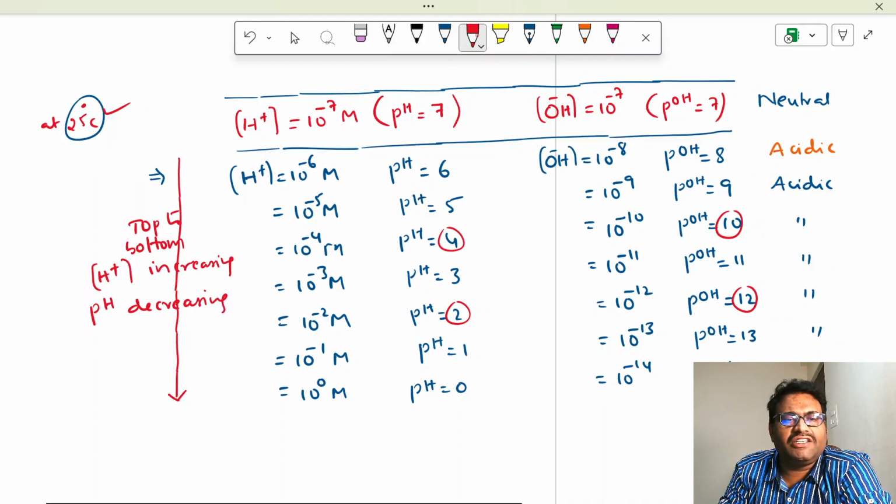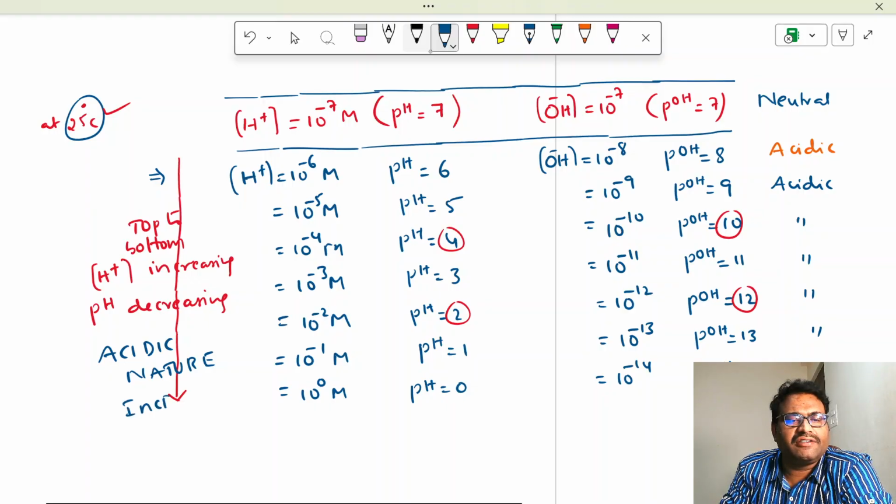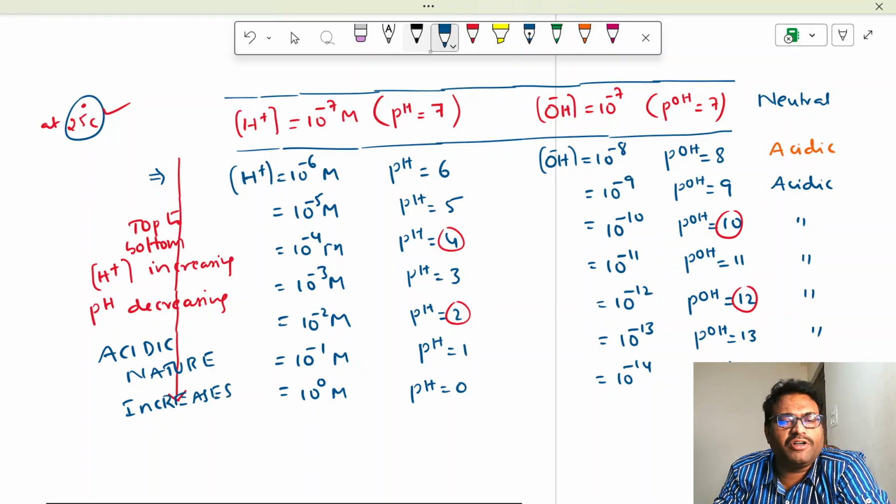What is that? This shows that on moving from top to bottom, acidic nature increases. What happens on moving from top to bottom? Acidic nature increases in this situation.